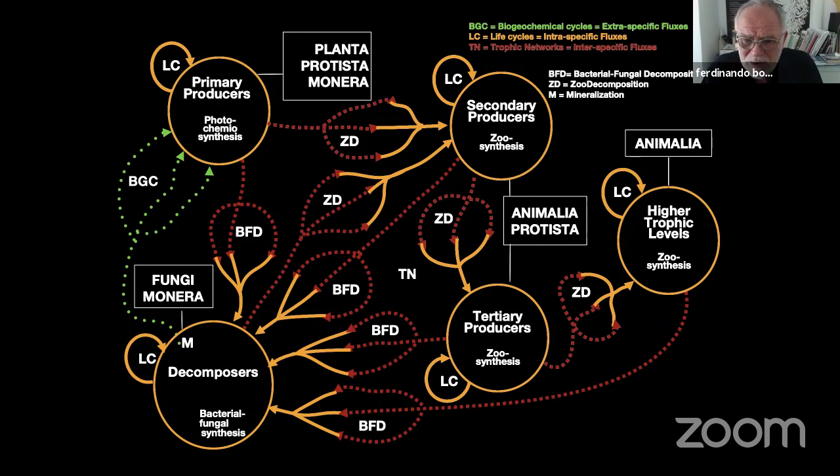There are millions of species that do these things. And the millions of species are biodiversity. And this is a very simple graphical model of ecosystem functioning, putting together food webs, life cycles, and biogeochemical cycles.